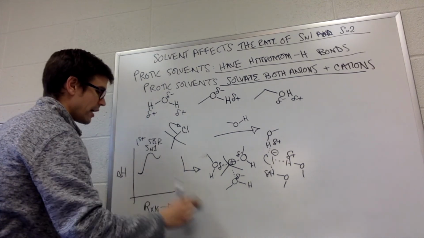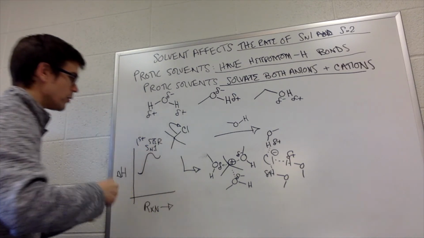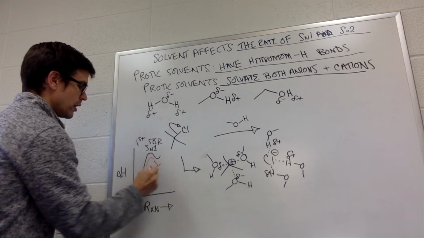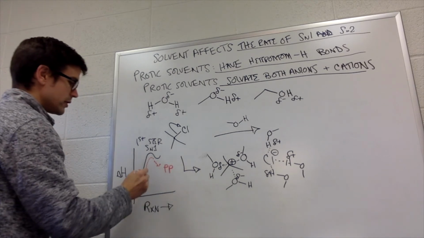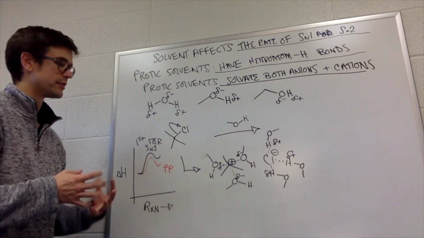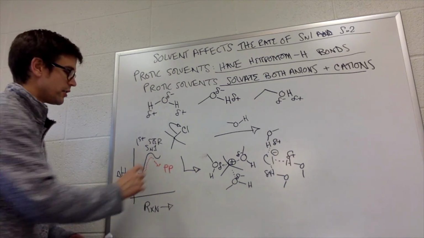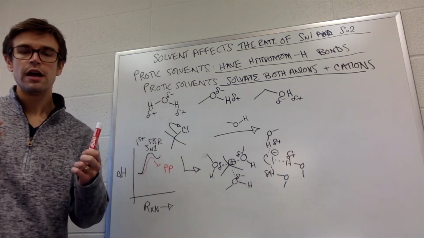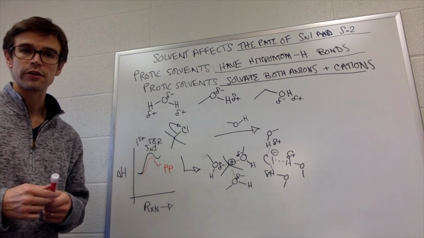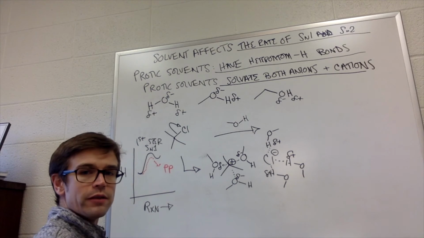So instead of being at that energy level, if the black line is with no solvent, the red line may be in a polar protic solvent where the cation and anion are stabilized by the solvent. So essentially it decreases the energy of that intermediate, decreasing the activation energy of the reaction, and this speeds up unimolecular reactions. So reactions where we form cations and anions, polar protic solvents speed those things up.